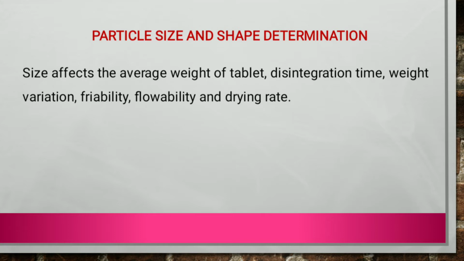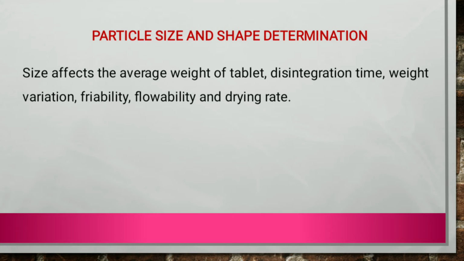Then, the size, distribution, and shape of the particle can also affect bulk properties, product performance, also processability, stability, and appearance of the end product. Along with that, the surface area of a solid particle is important to determine the rate of chemical reaction, as chemical reaction is more likely to occur on smaller particles.